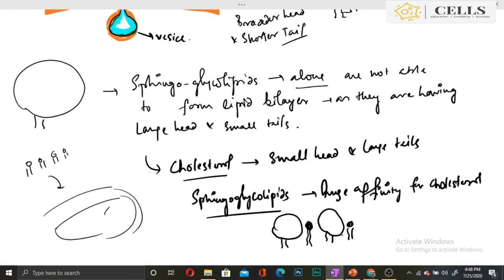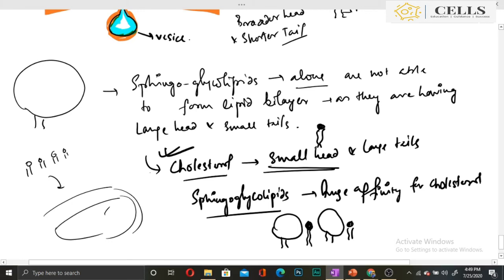So in order to form a bilayer, the structure of cholesterol has smaller head and longer tails. Sphingoglycolipids have smaller tails and larger heads. So they are complementing each other for a particular binding. That's why if you place cholesterol along with the sphingoglycolipids, then you can form a bilayer structure with those two things.